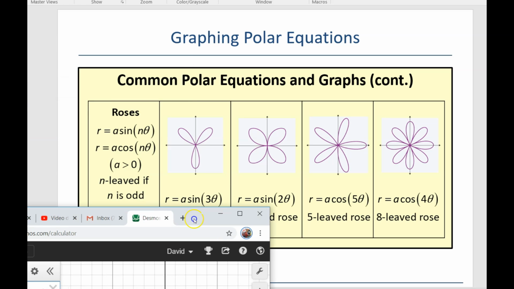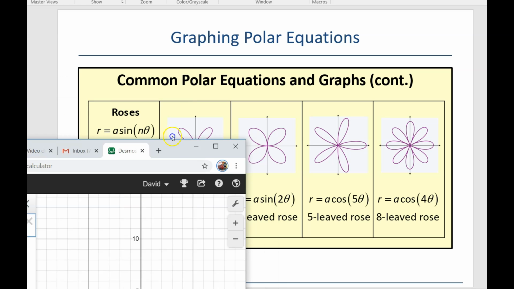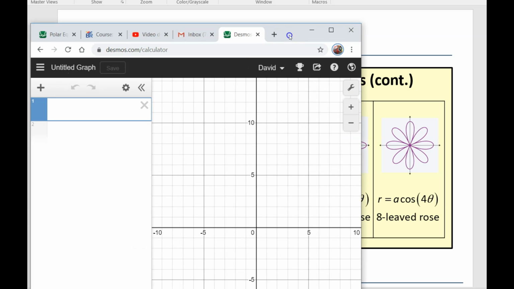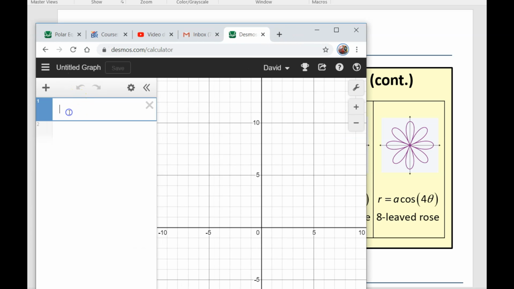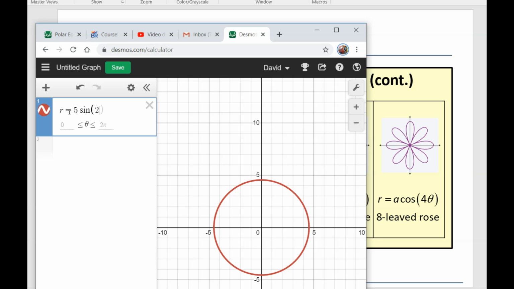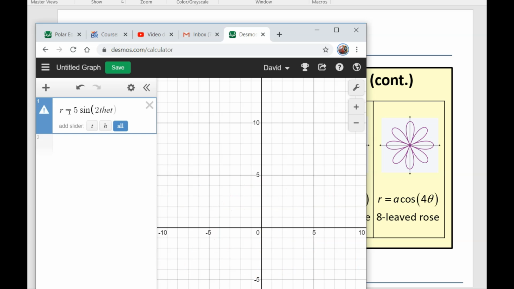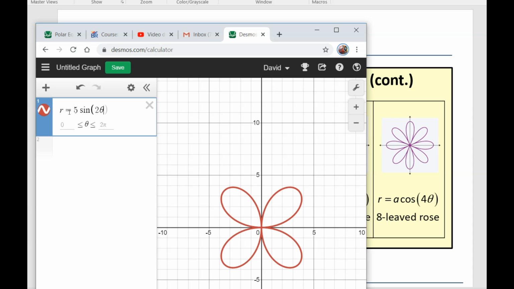So here I am. I've got r equals a sine 2 theta. So if I type in r equals, and let's do 5 sine 2, and then you just type the word theta, T-H-E-T-A, and as soon as I hit A, it switches to theta, and we see that rose.